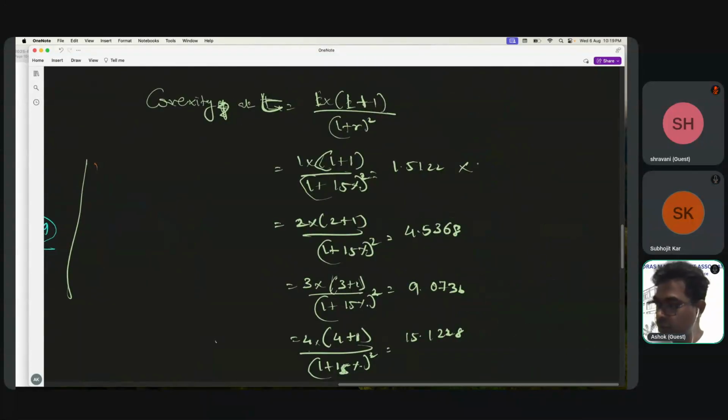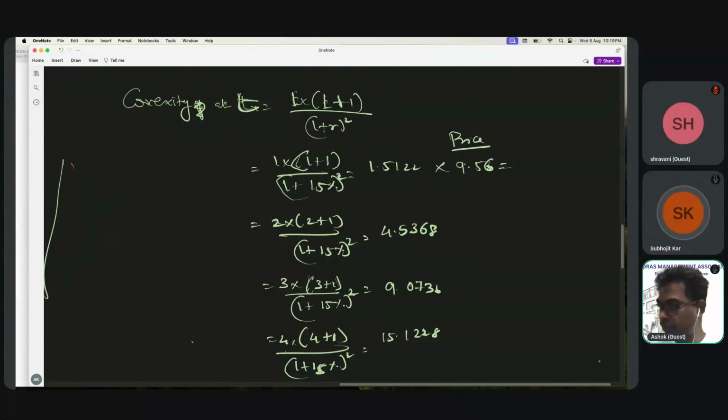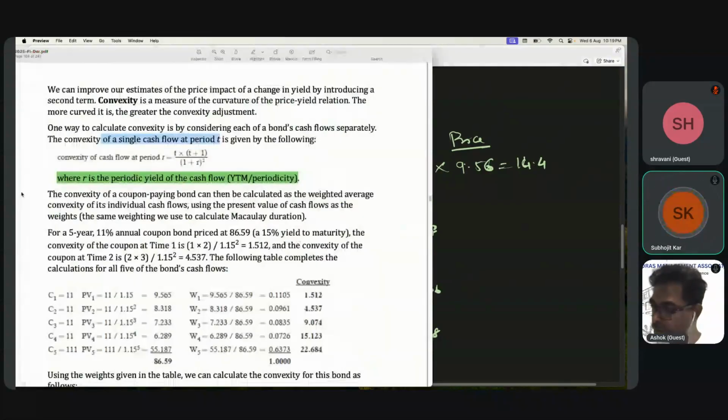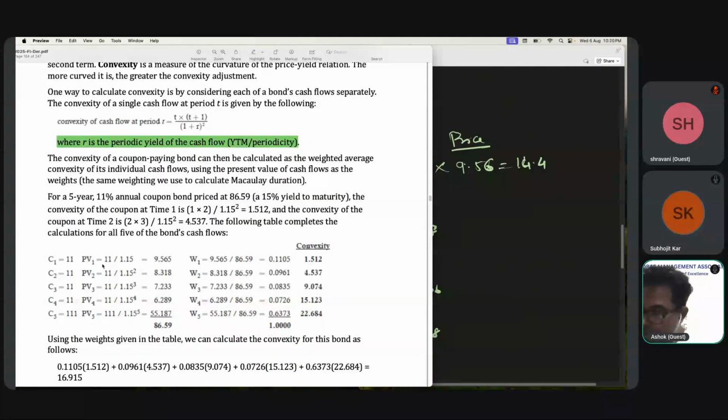Now, what is the first year's value? 9.56. This is the price. So now I'll save this, right? Keep storing. So that is 14.4574. Yes, 14.45.